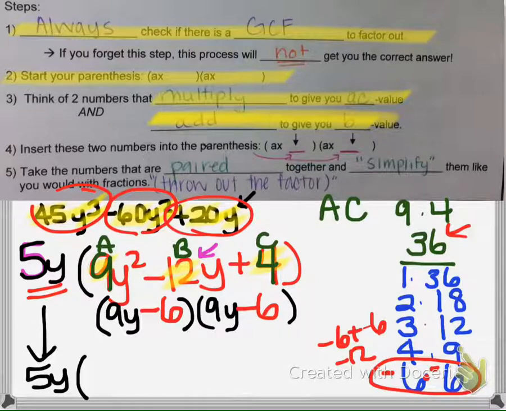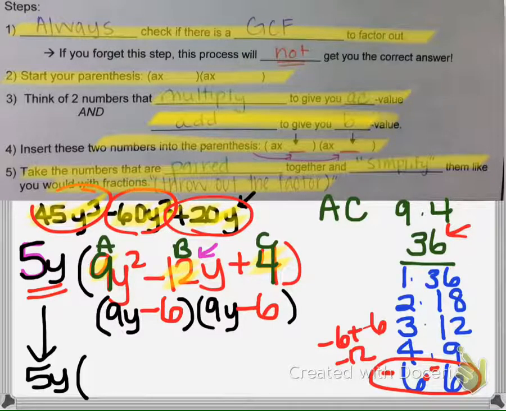Then we're going to see if there is anything that is paired up that we could, as if they were fractions, see what would go into them, and we would just throw out the factor, just like we do with fractions.